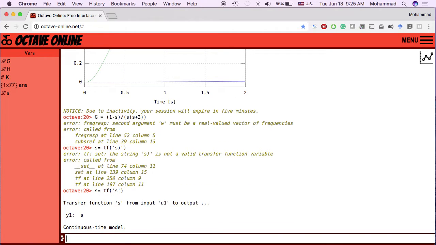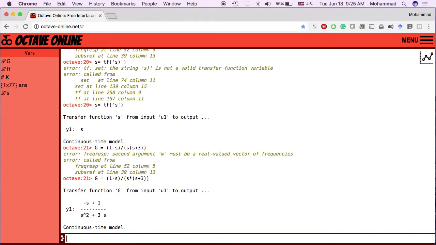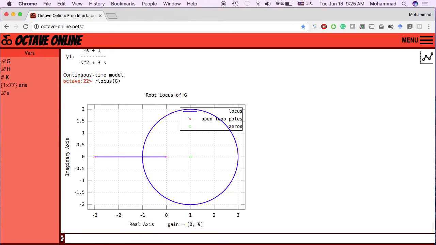So we need to define s and then define G. If you look at the root locus of G, this would be the root locus.